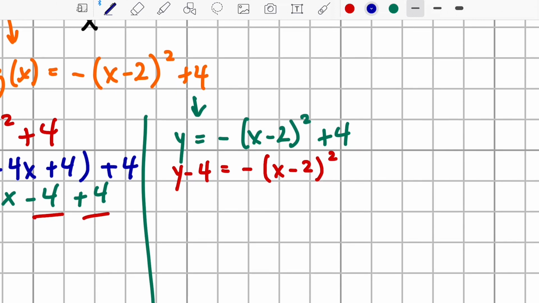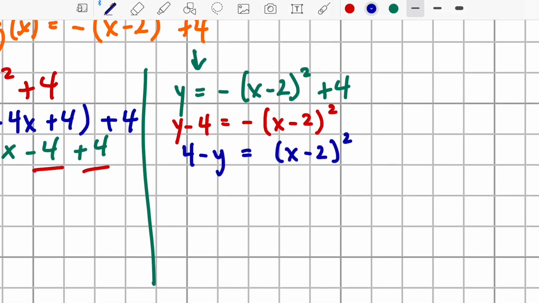So imagine dividing by a negative. So I can get rid of this negative in front of the parentheses. So that'll give me 4 minus y equals (x minus 2) squared.